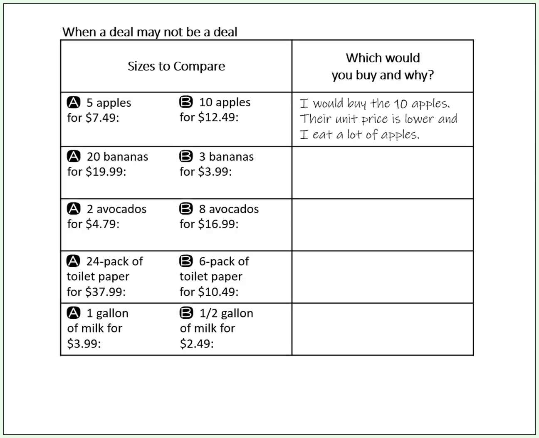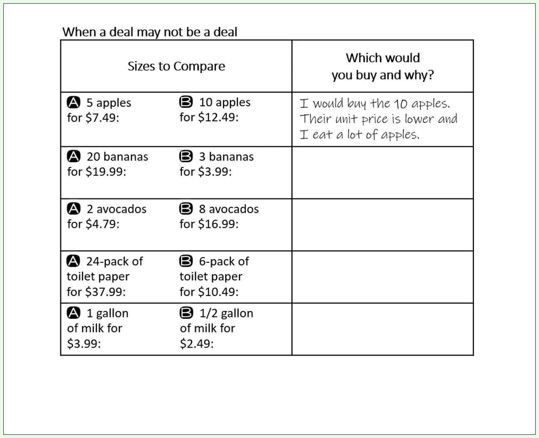So this is just walking through what we just talked about. Just because something is cheaper may not be a better deal for you. So this first one, 5 apples for $7.49 equals, let's see, $7.49 divided by 5, almost $1.50 per apple.